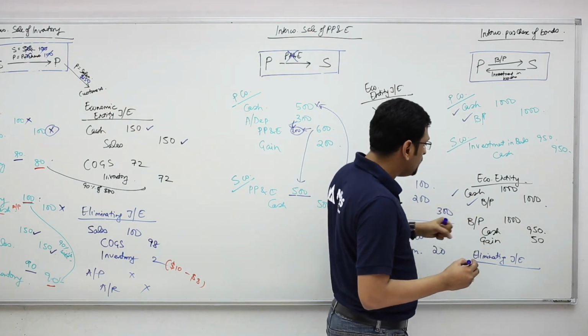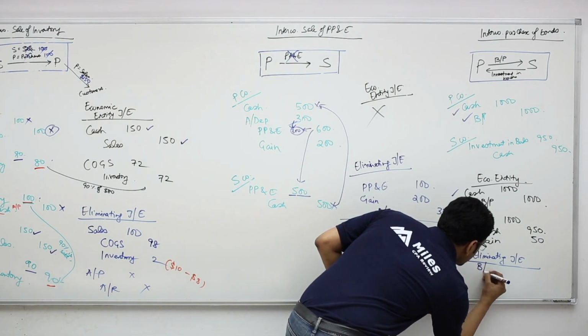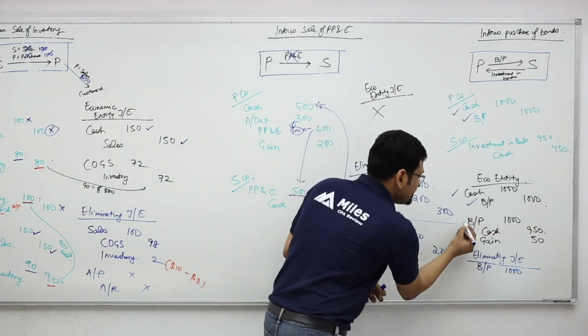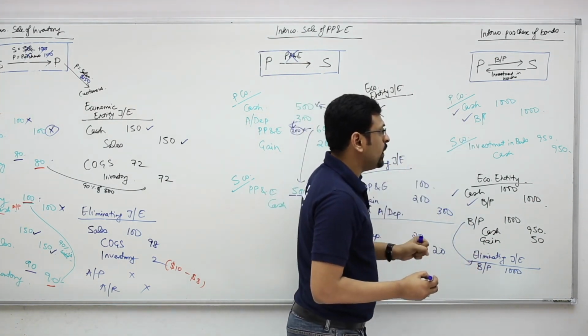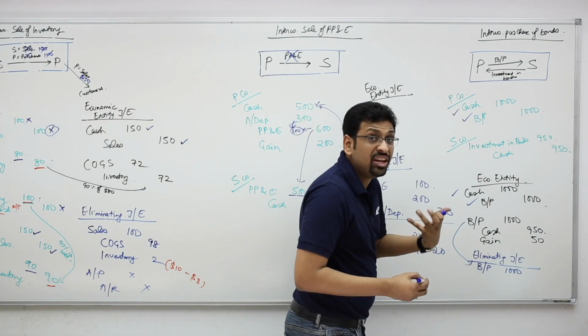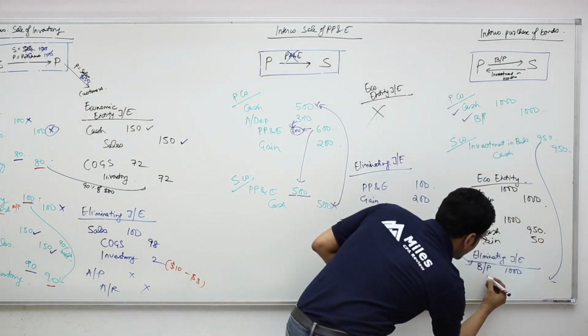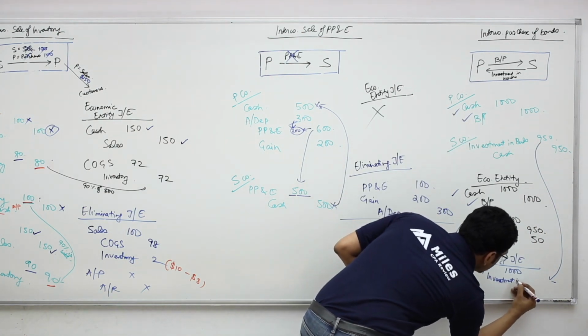So on the eliminating journal entry, we will debit bonds payable $1,000. So this is taken care of here. We need to credit this investment in bonds. You cannot have an investment in your own bonds. So we'll have investment in bonds as credit.